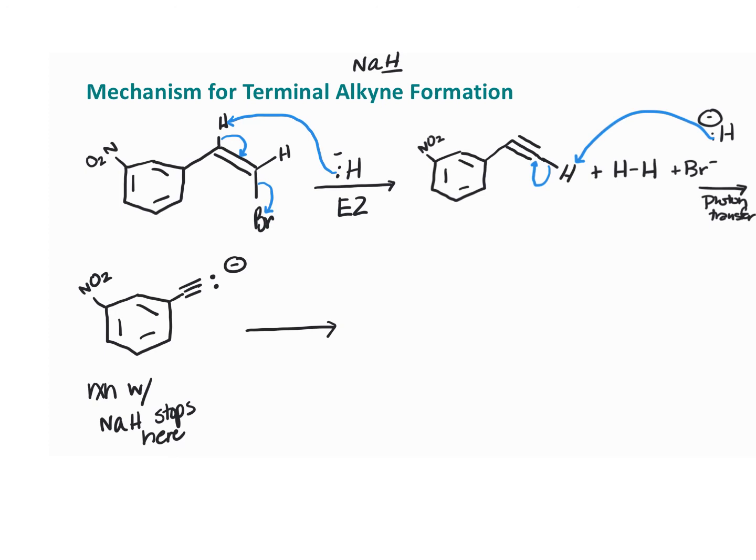Now, with the acid workup, and so this is the acid workup step, you've added NH4Cl. Now that dissociates and forms NH4 plus and Cl minus. And so these electrons come down and they steal that proton, and those electrons go on the nitrogen, and that's a proton transfer step.